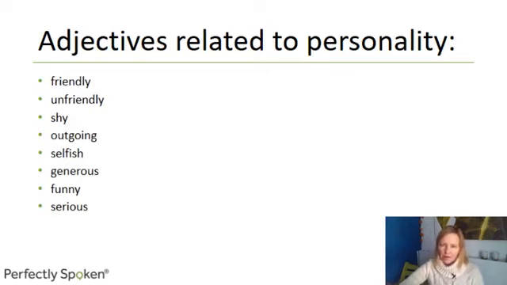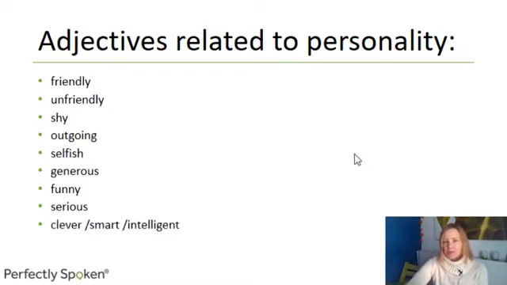Everything is okay. Unfriendly, no. I don't like it when people are unfriendly. That's not necessary. But shy, serious, that's okay. Everybody is different.